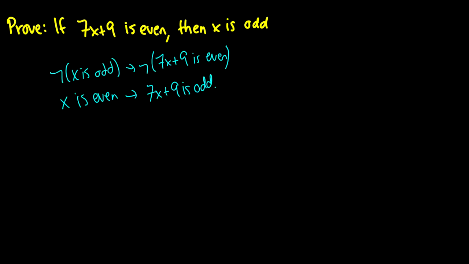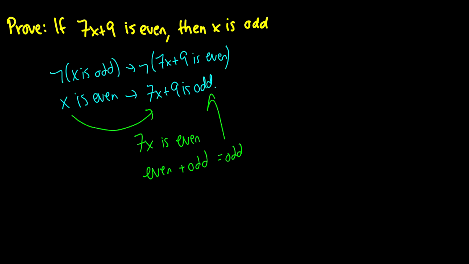Okay, well, I could do a nice mathematical proof here, but it should be obvious that if x is even, then 7 times x is even, and then an even plus an odd is going to be an odd, so we've just proven that 7x plus 9 is odd. So I'm being a little bit lazy with my proof there, but it's more to show that, hey, look, this proves the exact same statement.